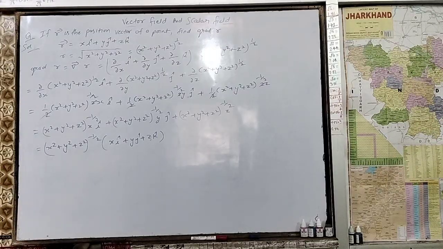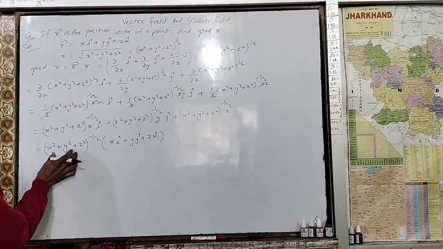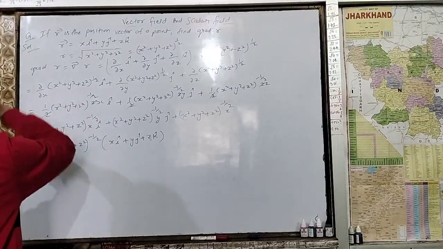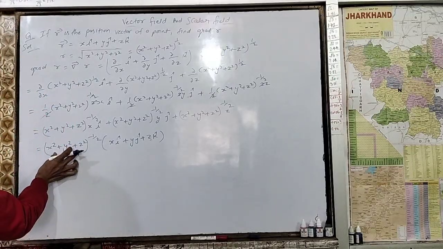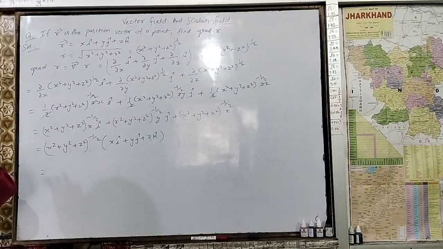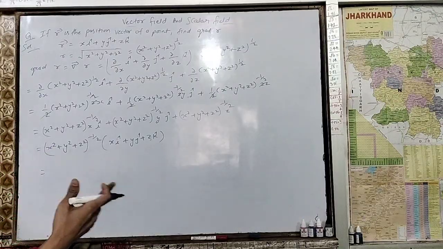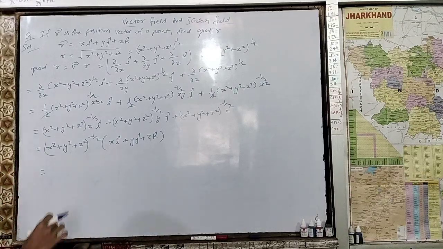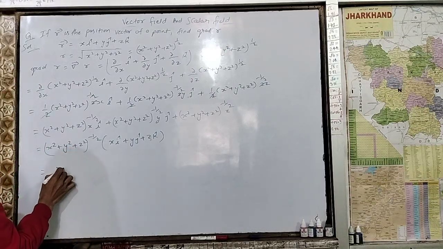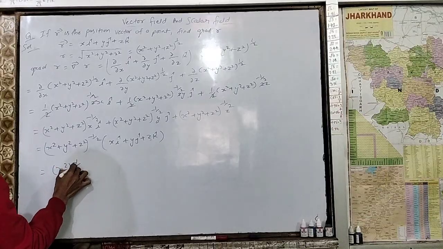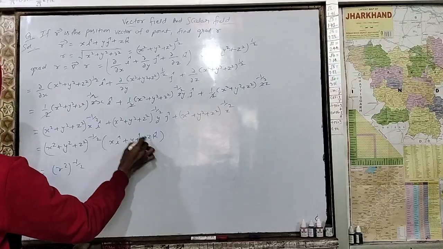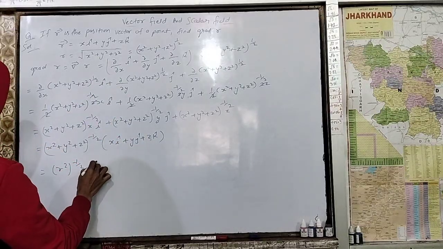And x square plus y square plus z square is the value of r square. Don't think about the minus, just think about it. So this will be r square raised to power minus 1 upon 2, dot, this is the value of position vector, which is r vector.